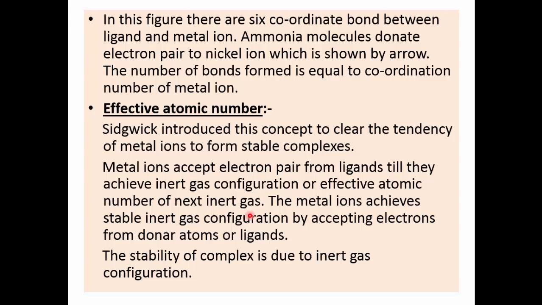And due to this the metal complex becomes stable. So the metal ion achieves stable inert gas configuration by accepting electrons from donor atoms or ligands, and the stability of the complex is due to the inert gas configuration.